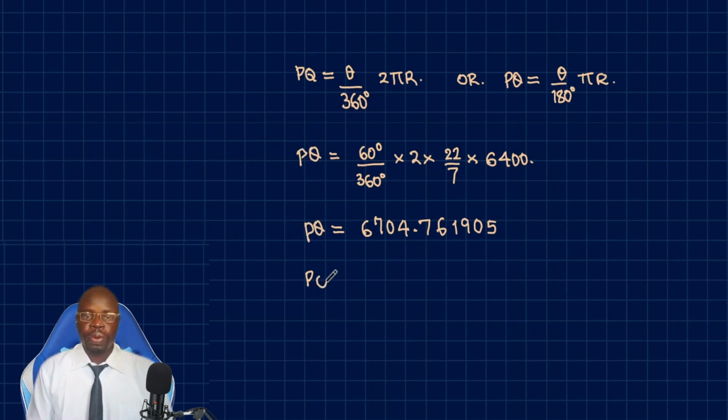So our PQ is approximated to 6, 7. Since this one could not round to 1, we just give there 0 and 0, and that is kilometers. So that becomes the distance between these 2 points, P and Q.